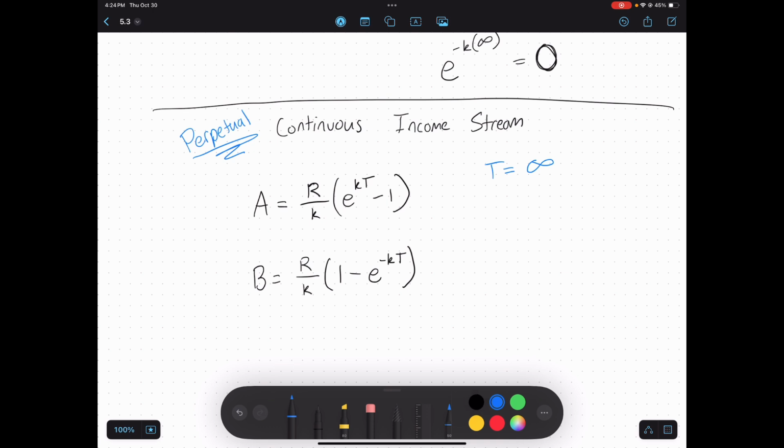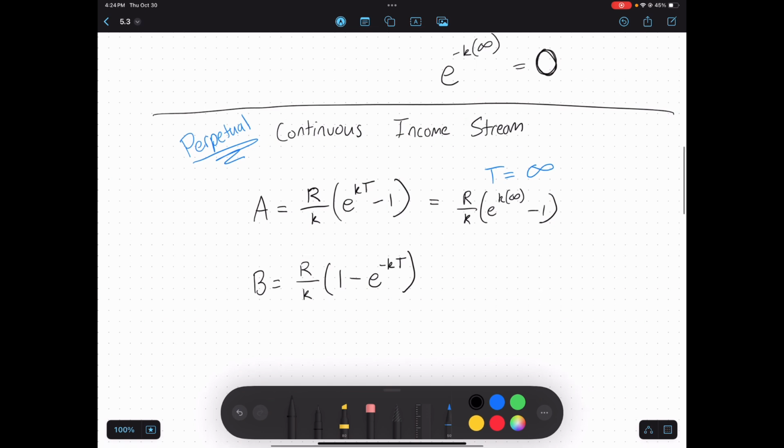Well, notice what happens with future value. If I plug in infinity into my future value formula, I get e to the K times infinity, minus 1. Well, what is K, your interest rate, multiplied by an infinitely large value? It stays infinitely large. And what is e to an infinitely large value?